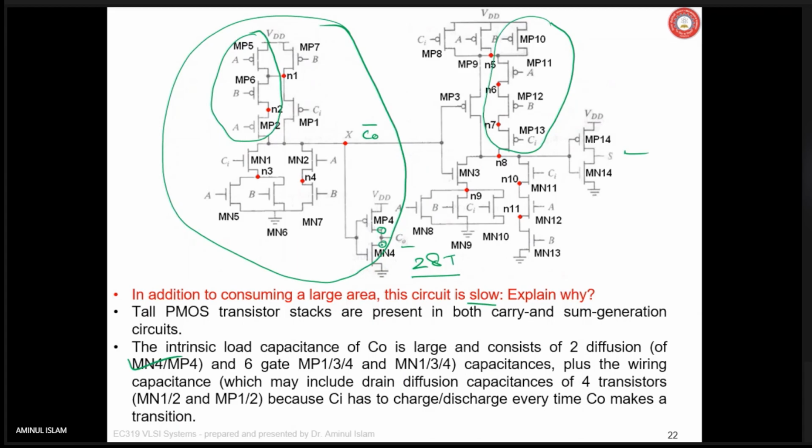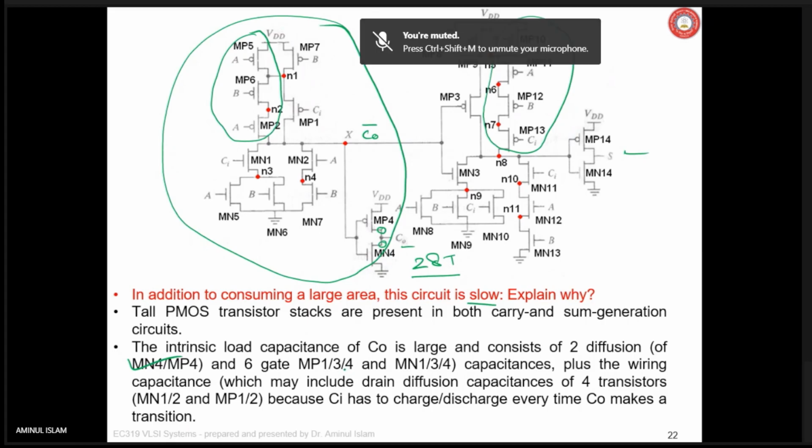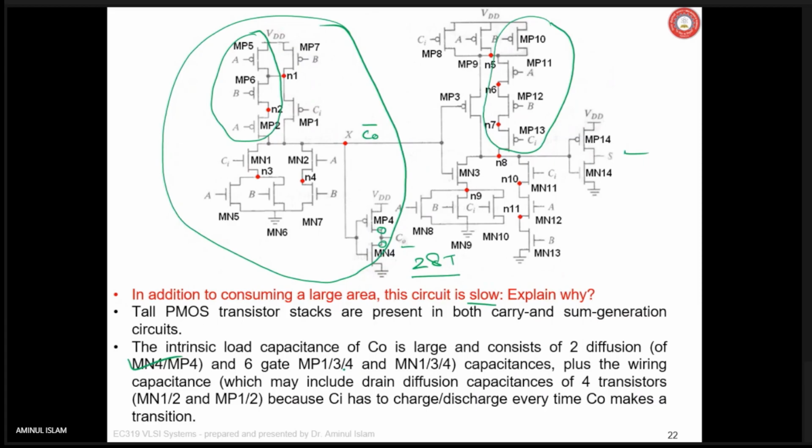Sir, 1 to 7 is there. Now MP 1, 2, 3. 3 is not there. It's there, sir. It's in the right side block. Right hand side. This is the MP3. Could you get it? Yes, sir.